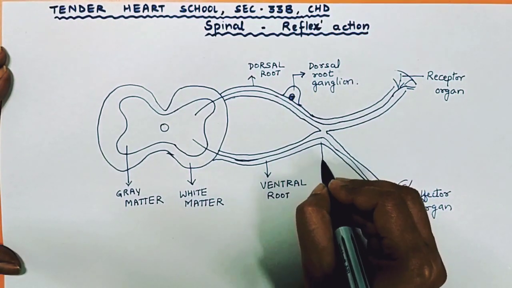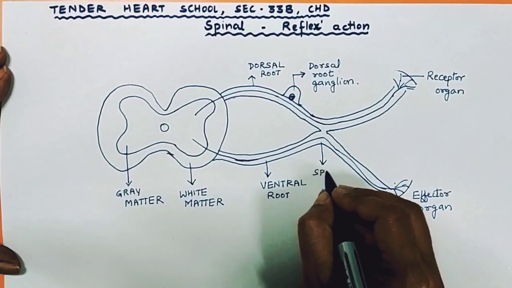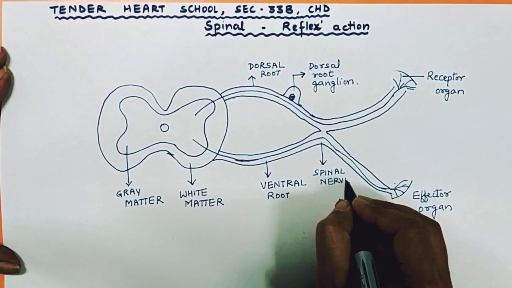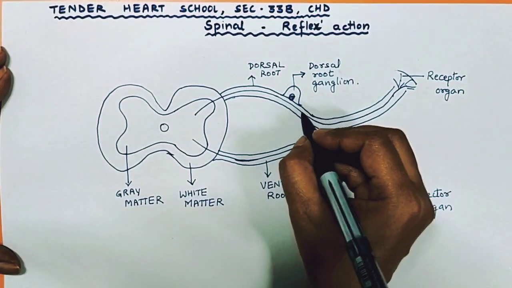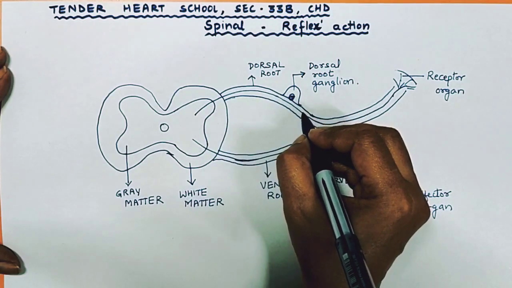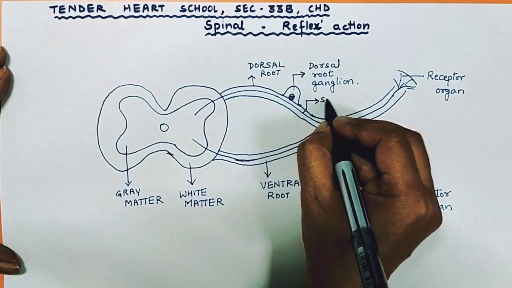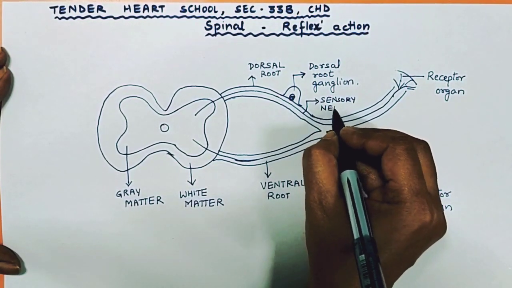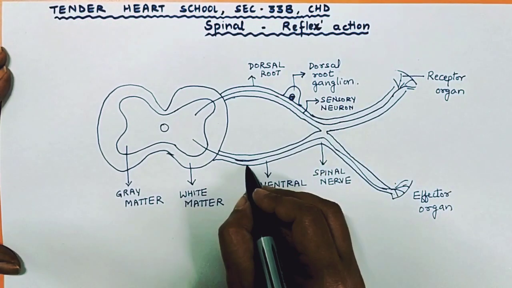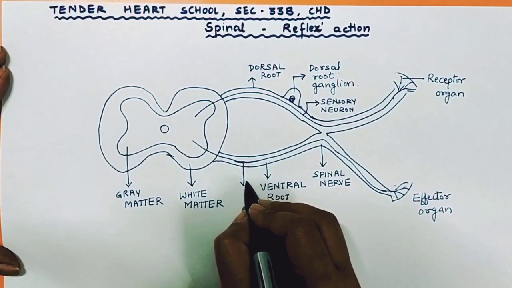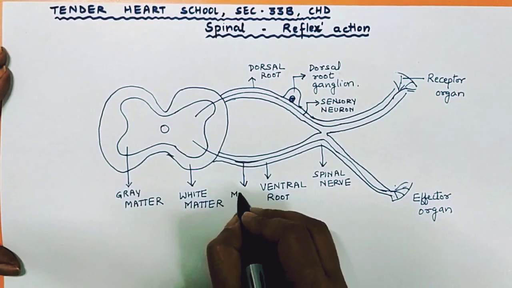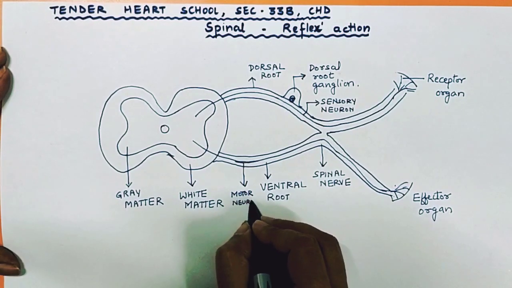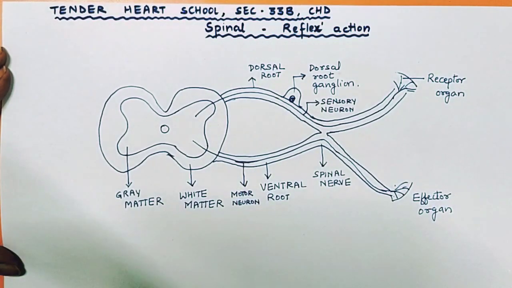So we can label this one as the spinal nerve. On this side we have the sensory neuron. And on this side we have the motor neuron.